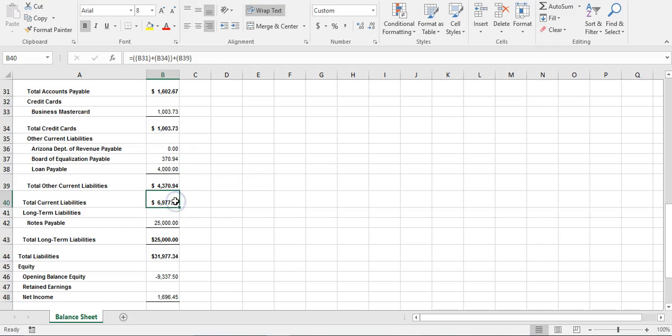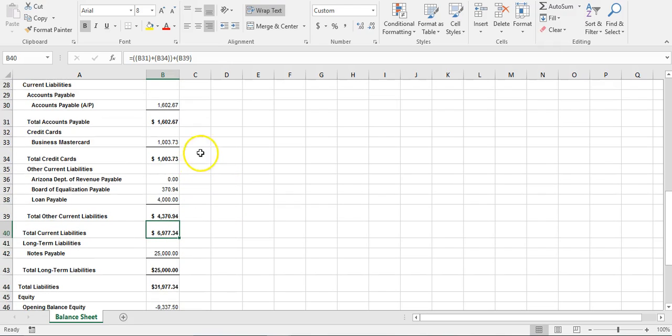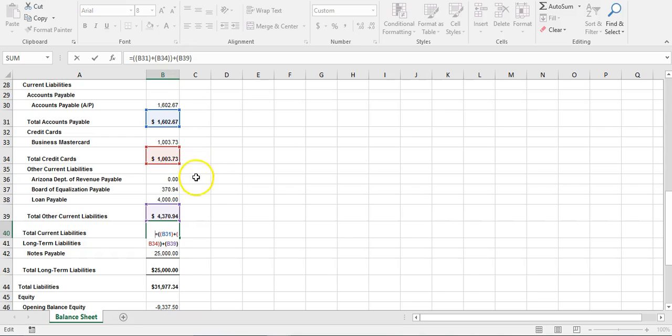So this is your total current liabilities. So that is between the total accounts payable, your total credit cards, your other current liabilities. This becomes your total current liability. So everything that you currently have due.